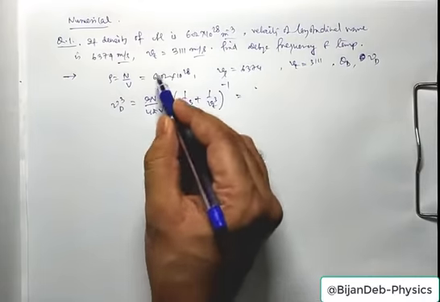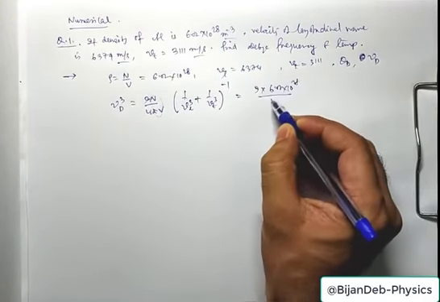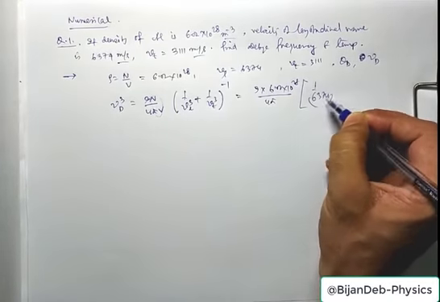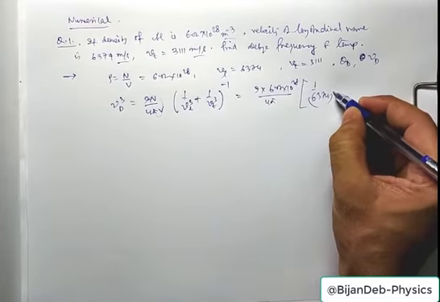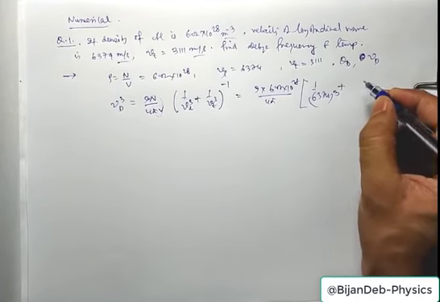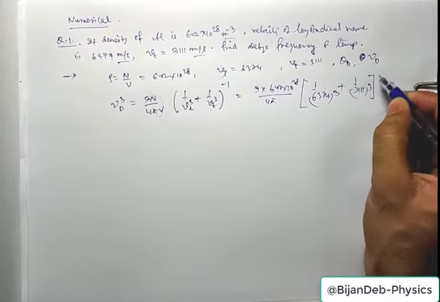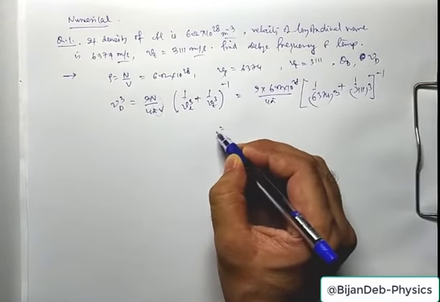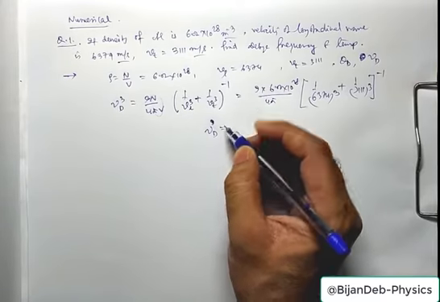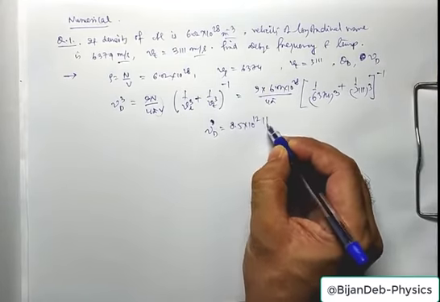N by V is already given, so you put 9 into 6.02 into 10 to the power 28 by 4 pi, so 1 by 6374 cubed, this is longitudinal, and transverse is 1 by 311 cubed, whole minus 1. So you calculate and you will find that the Debye frequency will be 8.5 into 10 to the power 12 hertz.